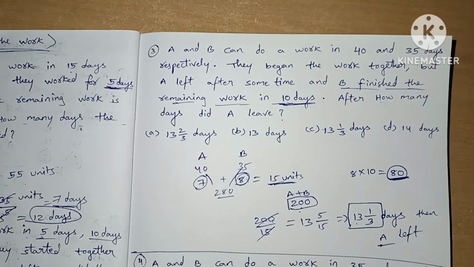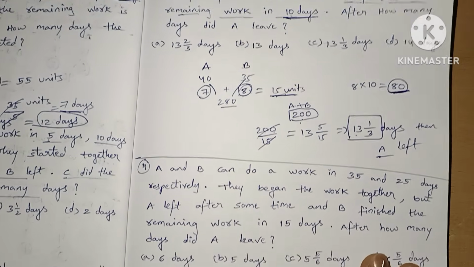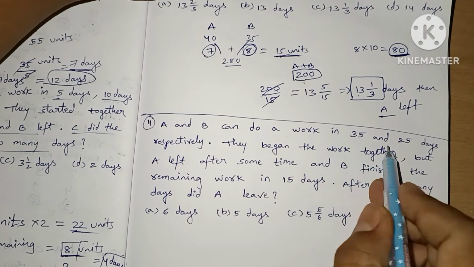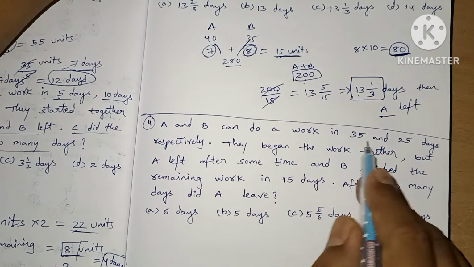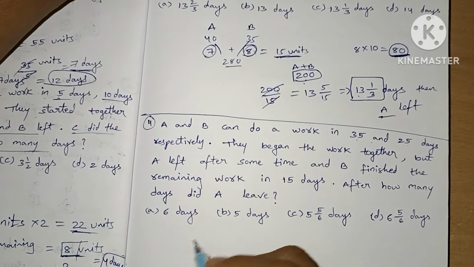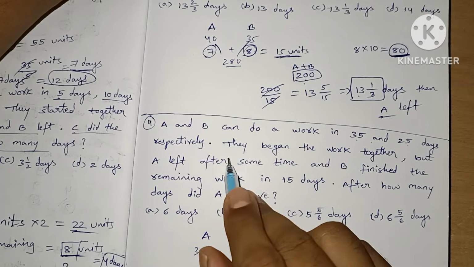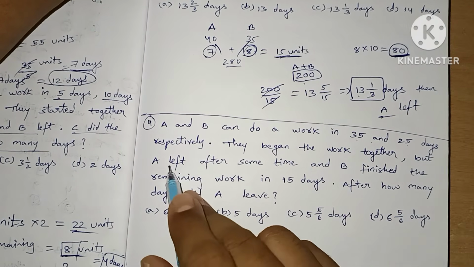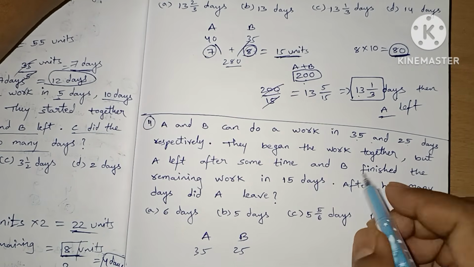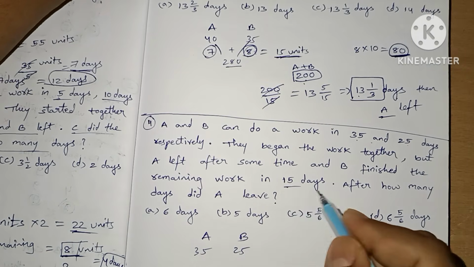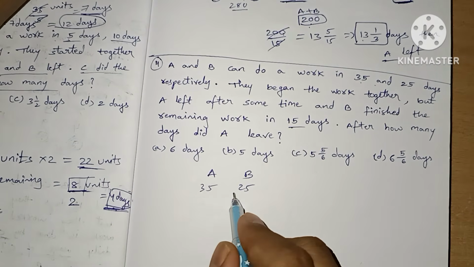Let's see one more question, the same question with different values. A and B can do it in 35 days and 25 days. They began the work together, but A left after some time and B finished the remaining work in 15 days. First we need to do the LCM for these two.